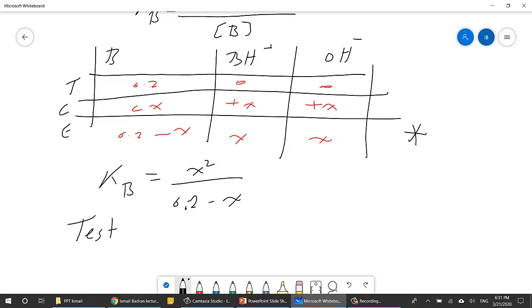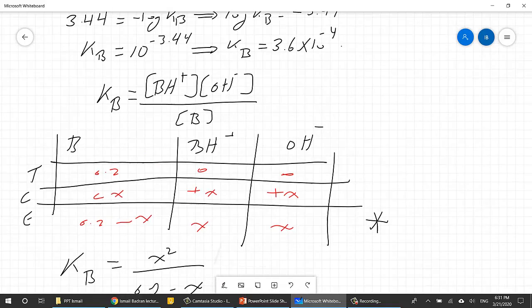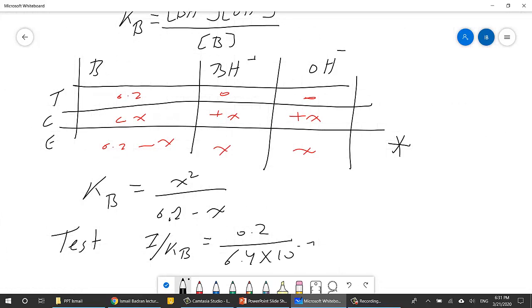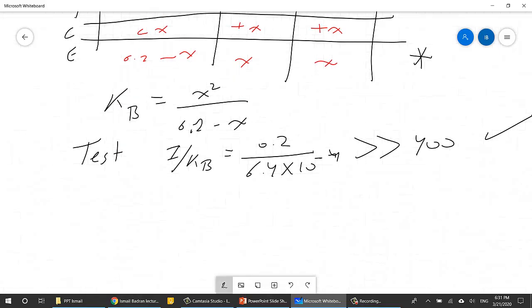The test is, how much is the value of the initial divided by Kb? It's 0.2 divided by 6.4 times 10 to the minus 4. Of course, you will find this value to be much bigger than 400 anyway. So we're good. That means we can neglect x.